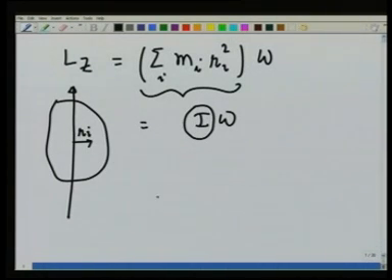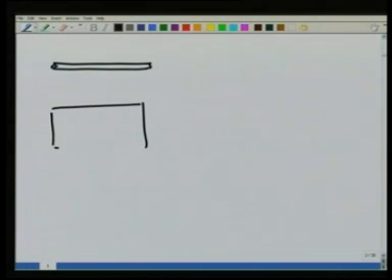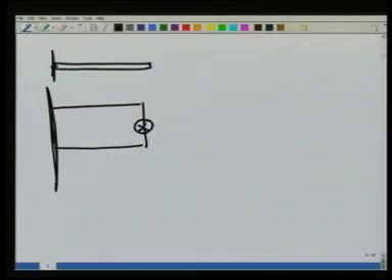For example, if I have a rod or even a rectangle rotating about the axis here, what is the moment of inertia? This is rotating right now, let us say going into the plane or coming out of the plane.